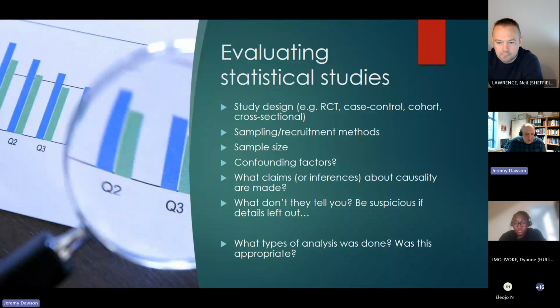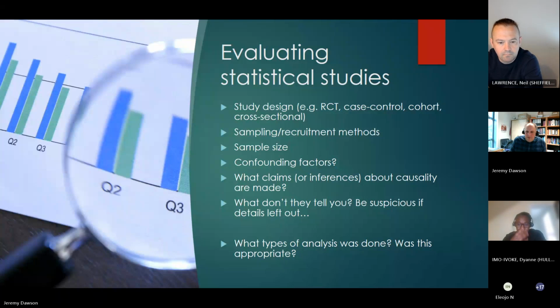These days, most leading journals will require you to follow a checklist of some type, whether that's, for example, a CONSORT checklist for an RCT, or some other type of study with its own checklist. But if there's something which should be on that that isn't, that might be a reason for suspicion.